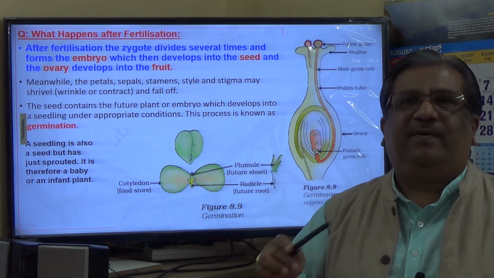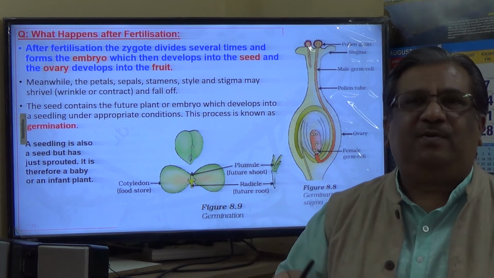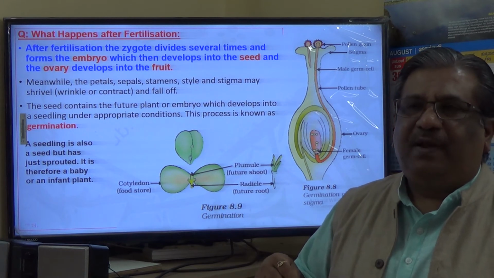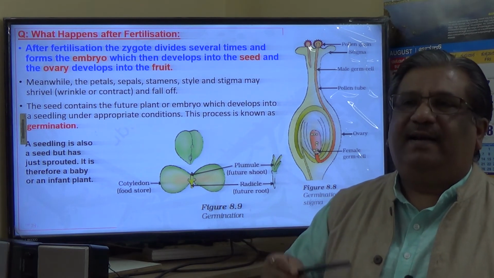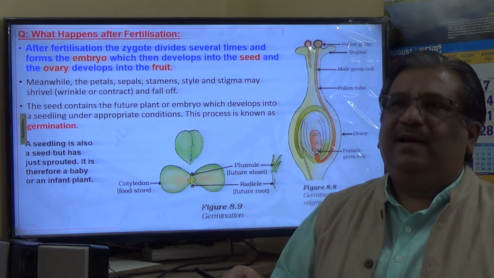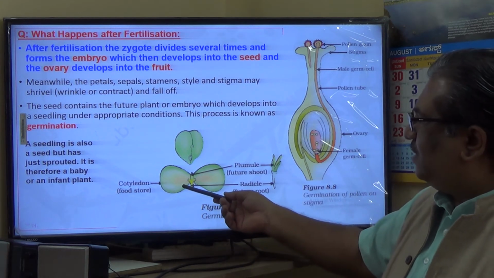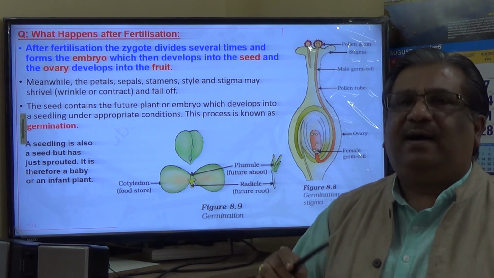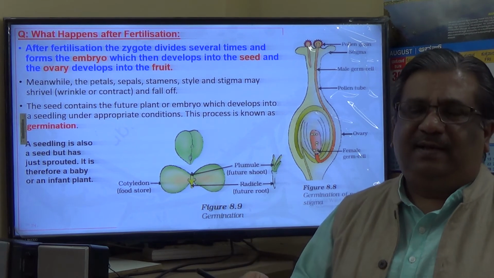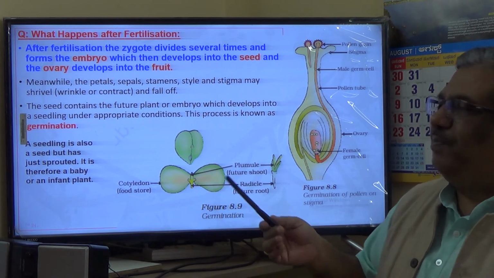The zygote will develop into an embryo and then it will get converted into seed, whereas the ovary develops into fruit. And the seeds, under suitable favorable conditions, form seedlings, and seedlings contain the future plant basically. So a seedling has three parts: cotyledons, plumule, radicle. R for radicle, R for root, and therefore the radicle is referred to as the future root and plumule as the future shoot. This is how the plants will get developed.